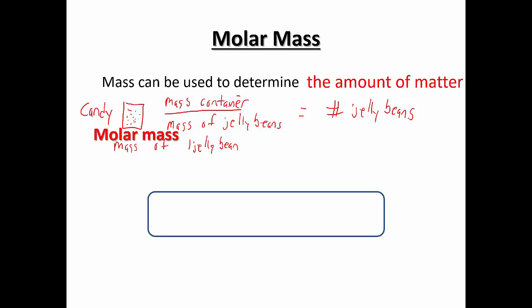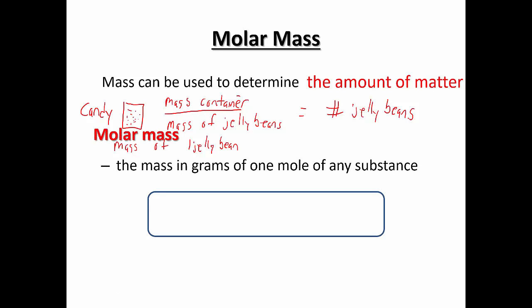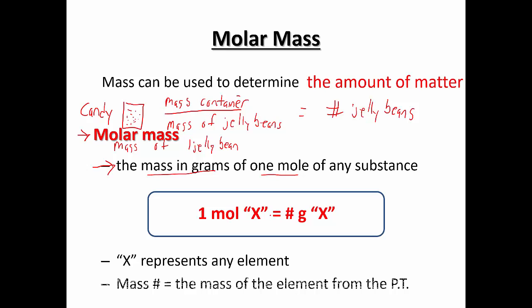Our key one, though, is molar mass. Molar mass is the mass in grams of 1 mole of any substance. This will be our key one, and we're going to add this in to the notes: 1 mole of X equals that number of grams of X using our periodic table.